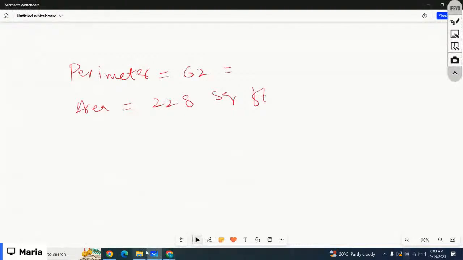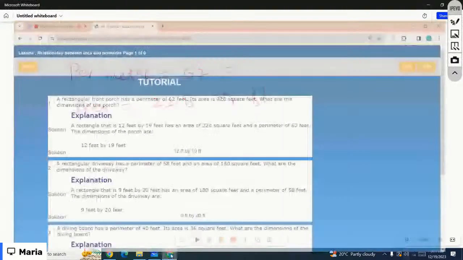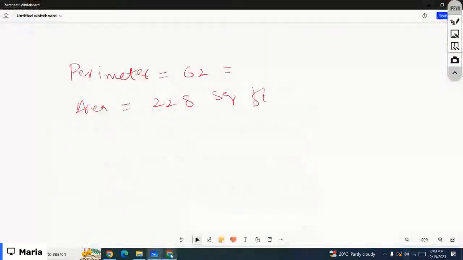That means perimeter is the sum of all four sides and the area is length times width. So you need to find two numbers whose product is 228, and when you add the sides their sum must be 62, right? So what are those numbers?